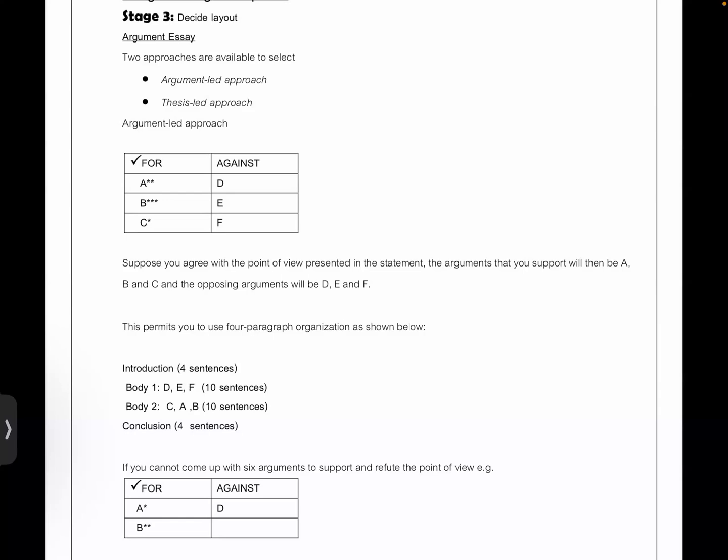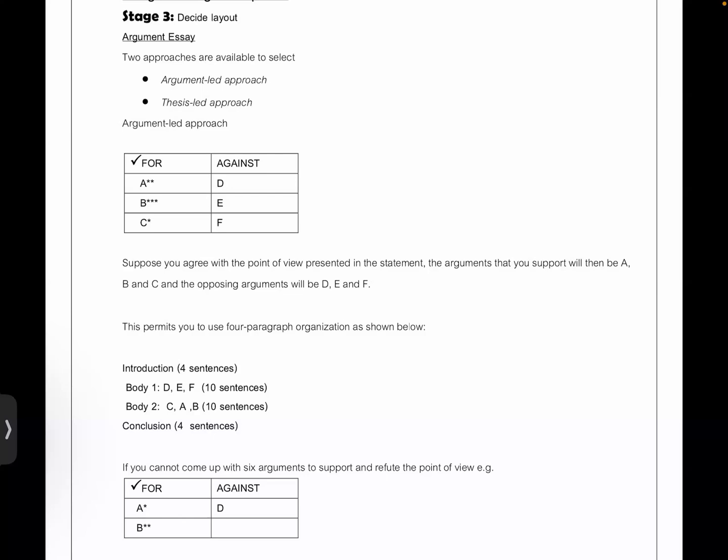So you actually agree with the statement, and A, B, C are your bullets. They're like your weapons. D, E, F, these are your enemies. You want to overcome, you want to overpower D, E, F with your A, B, C.